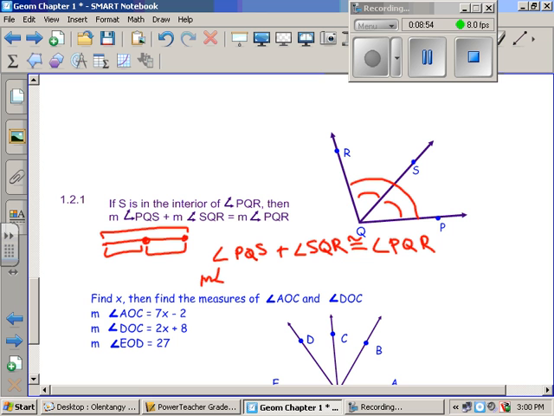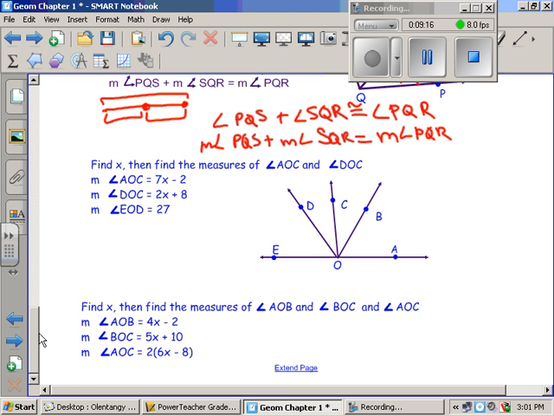The measure of angle PQS plus the measure of angle SQR is equal to the measure of angle PQR. Okay? The two pieces, just like segment addition, the two pieces of the angle equal the whole angle.